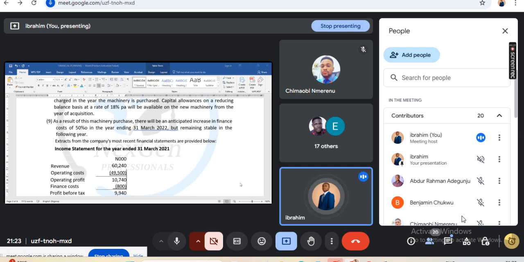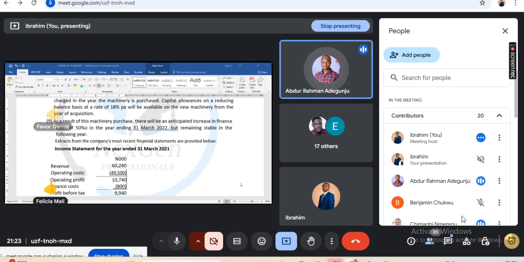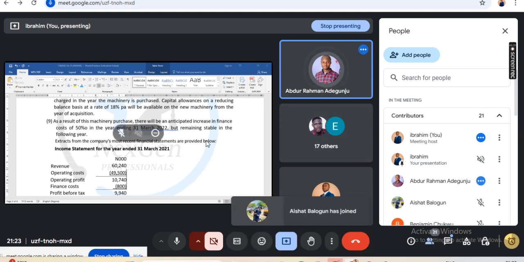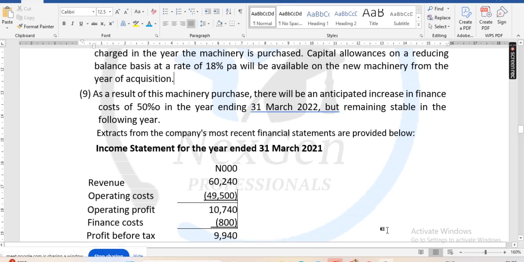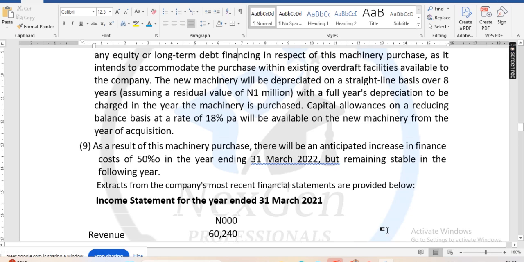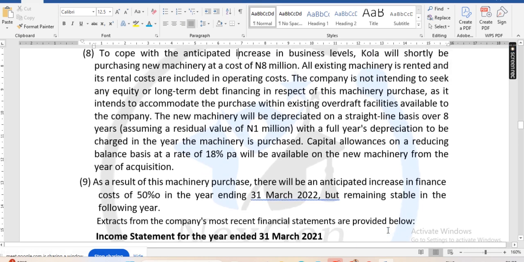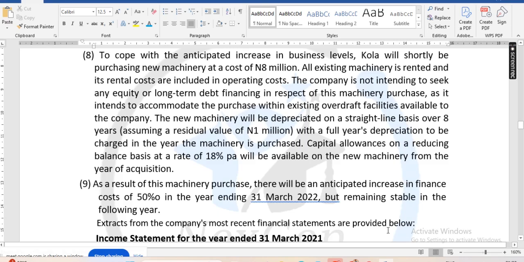Class, are we still together? Now, what are we going to do? Are we going to remove the depreciation, or are we going to increase? Now, from note 1 to note 9, is there anywhere that it is stated that your operating costs include depreciation?